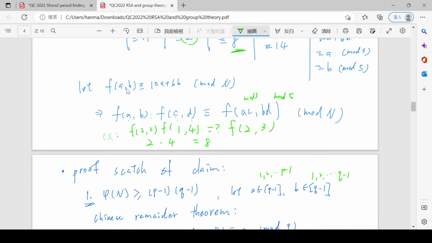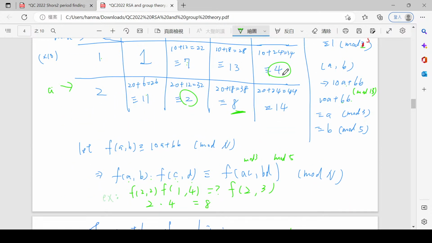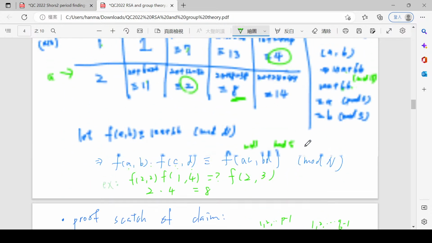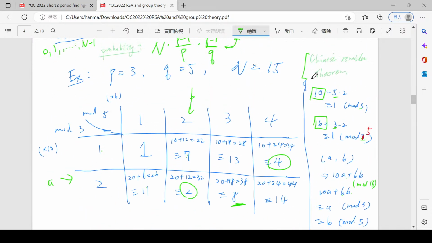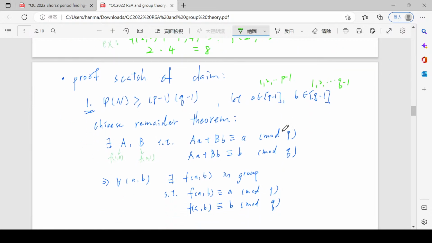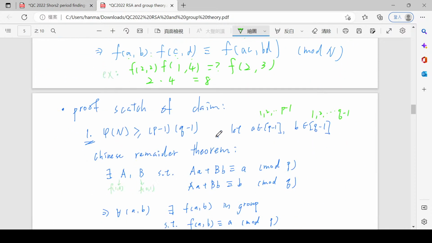So anyway, we have an A coordinate and a B coordinate. Then you can always find some number inside, because of the Chinese remainder theorem magical numbers 10 and 6. Now we have magical numbers A and B, they always exist. They are basically the 1, 0 and the 0, 1, although the table doesn't list 0 here.